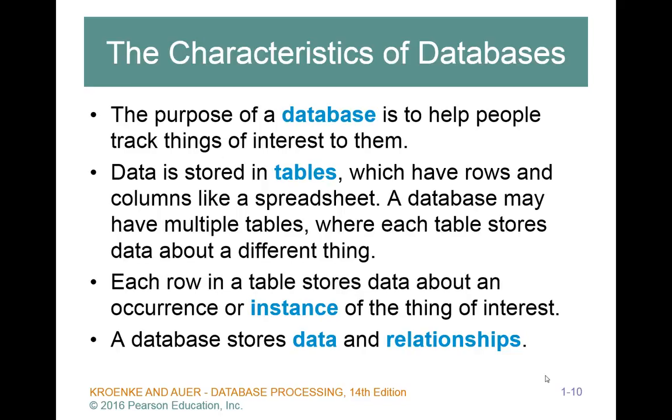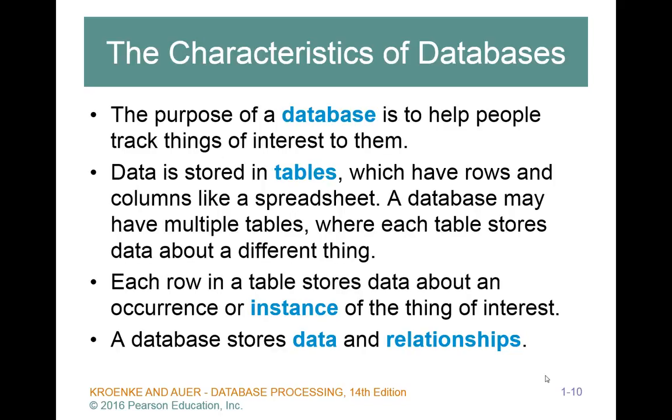So that's kind of how you have to think of a table, where a row and a column intersect is called a cell, and each one of those cells stores a piece of data about something. Okay, so each row in a table stores data about an occurrence or an instance of whatever that thing of interest is that you're recording the data of.